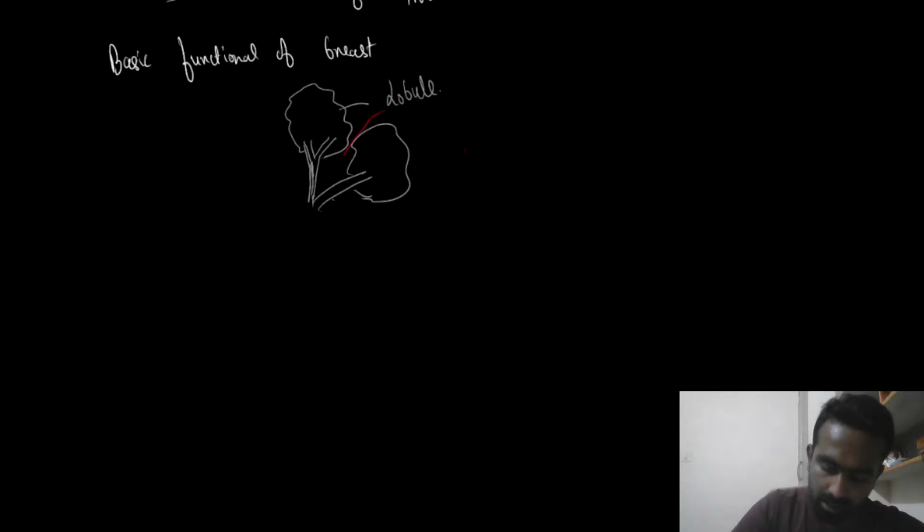Terminally, the lactiferous duct ends in smaller ducts, which form a lobule, drained by the minor lobular duct. Multiple lobules with the terminal duct are combinedly called the terminal duct lobular unit, which is the functional unit of the breast.